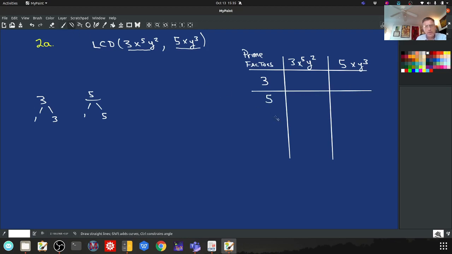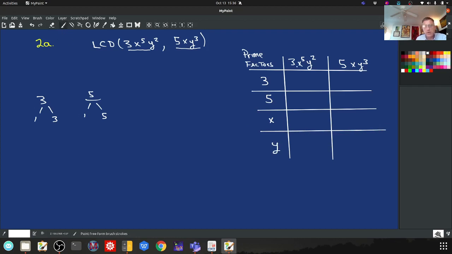What about the other things? For each variable, so notice my first term here is a product. It is a multiple of 3 factors. Those factors are 3, x to the 5th, and y squared. So all I do is x is going to be considered a prime. It can't be factored. And y is going to be considered the other prime. So that's it. Those are all of my prime factors.